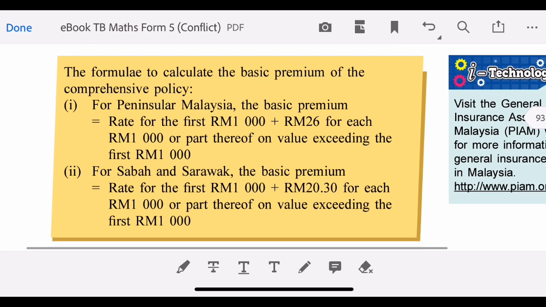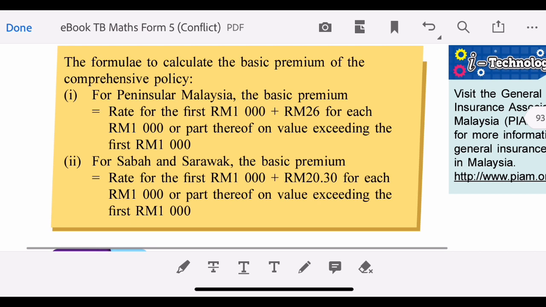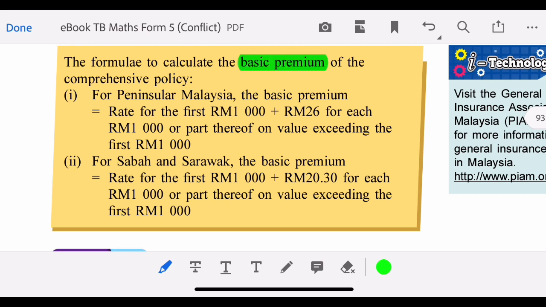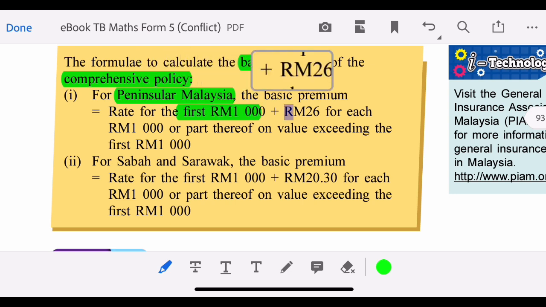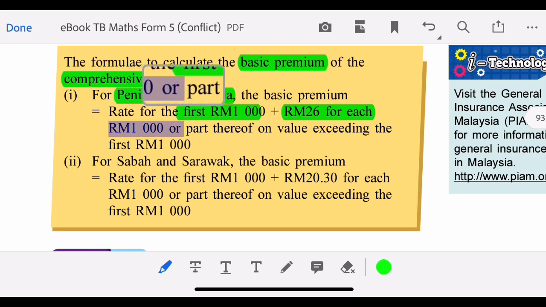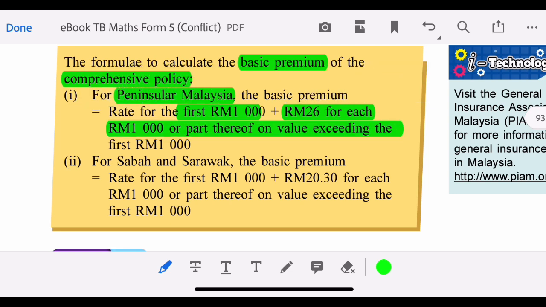So the formula to calculate the basic premium of the comprehensive policy for Peninsular Malaysia: the basic premium is equal to the rate of the first 1,000 plus 26 for each 1,000 part thereof on value exceeding the first 1,000.